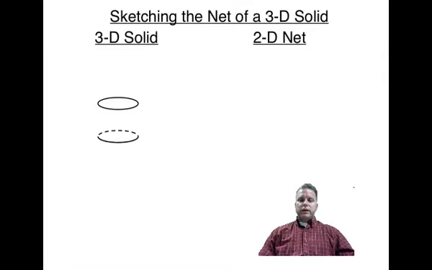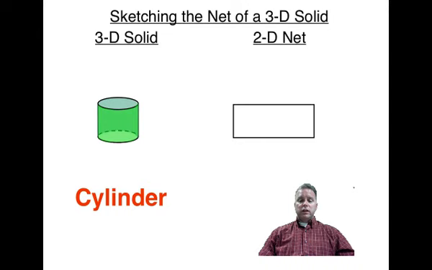Let's try the net for a cylinder. So think about, how could we break this apart? Well, we've got that part. Basically think of it as like the sides of a soup can or a cola can. And if we unwrap that, we get something like this.